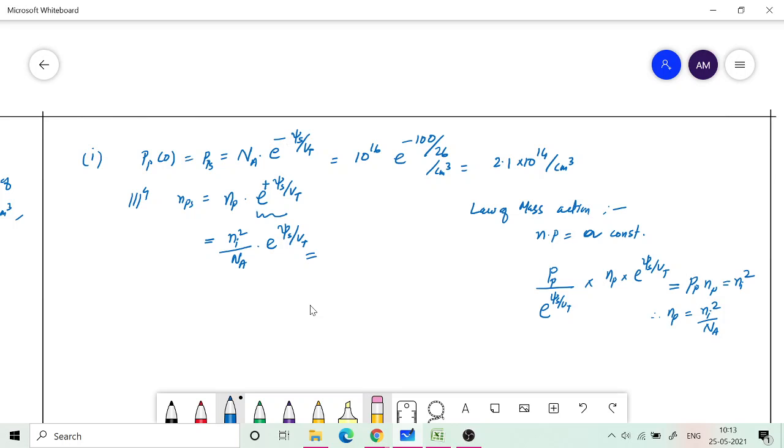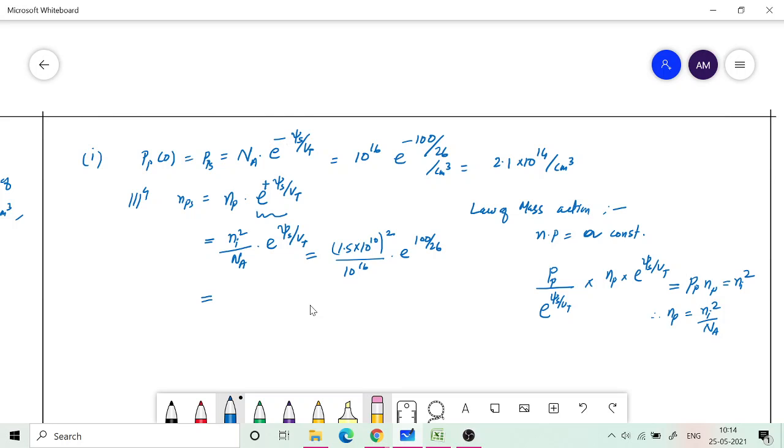Now if I substitute everything, I have 1.5 into 10 raised to 10 per centimeter cube whole square divided by 10 raised to 16 per centimeter cube. So one per centimeter cube will cancel off, and only one of them will remain, and then multiply it with e raised to 100 by 26.